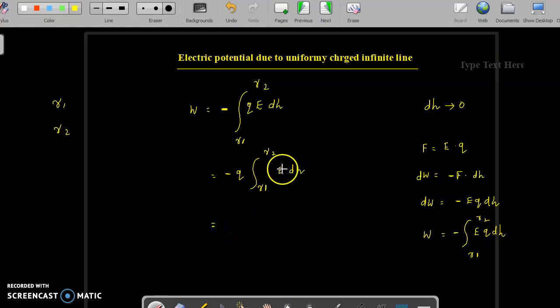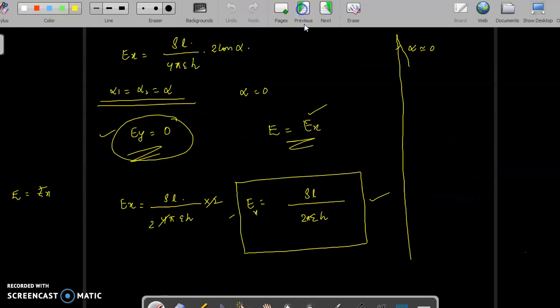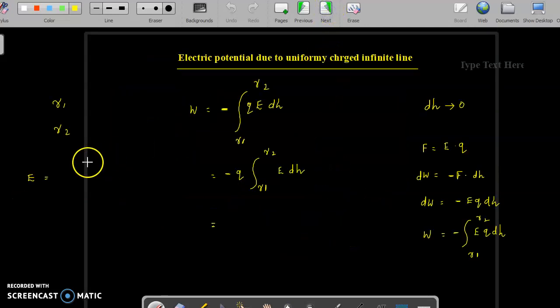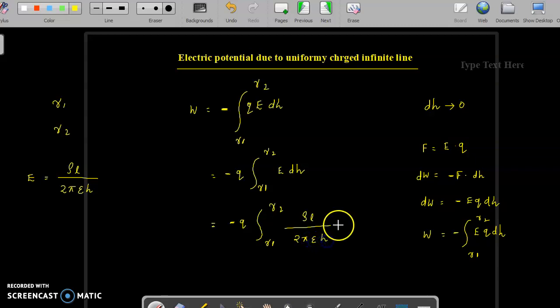Now we can substitute the expression of E. So E is rho L upon 2 pi epsilon h. Substituting here, we integrate from R1 to R2 rho L over 2 pi epsilon h dH.